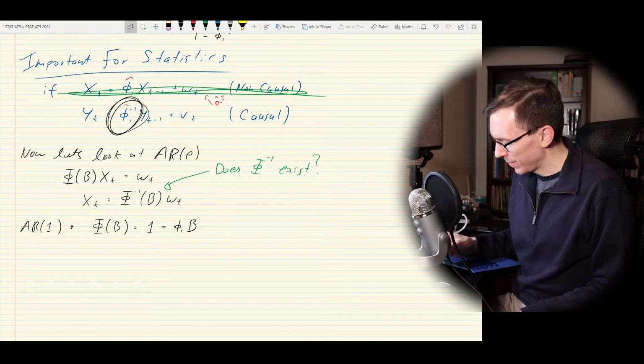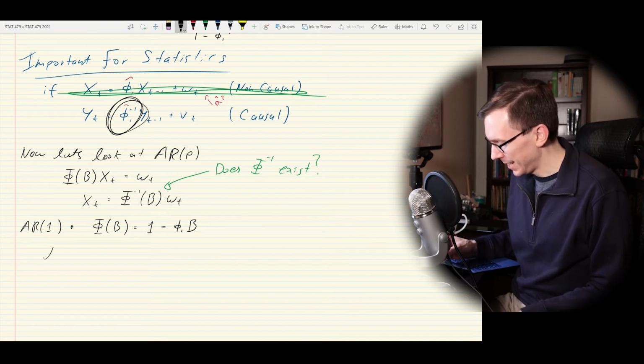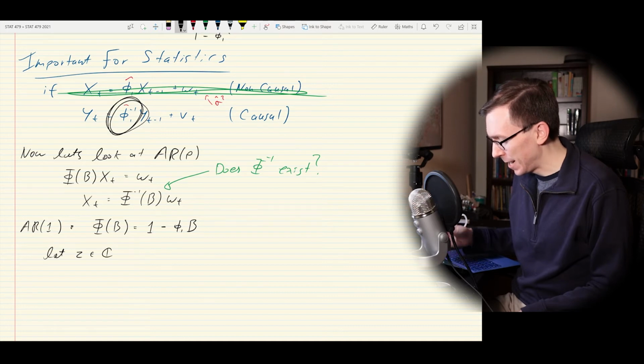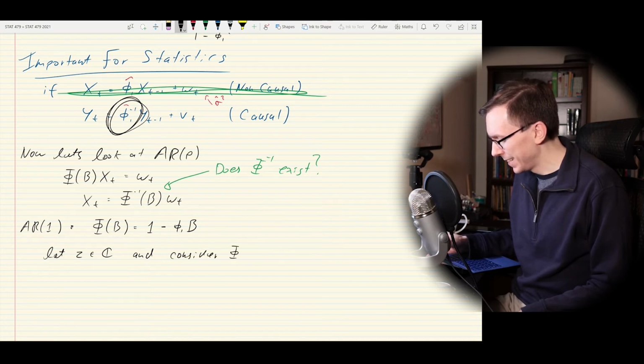So we can say let z be a complex number and consider capital phi of z being 1 minus phi 1 z.